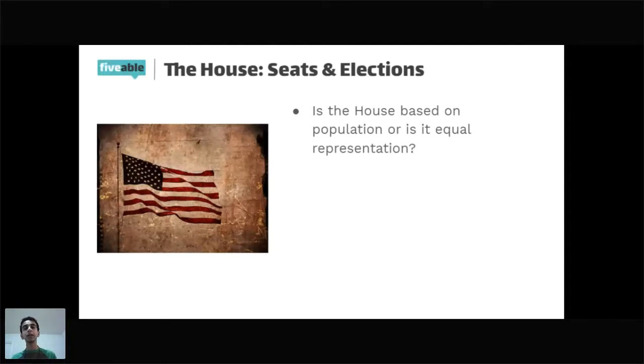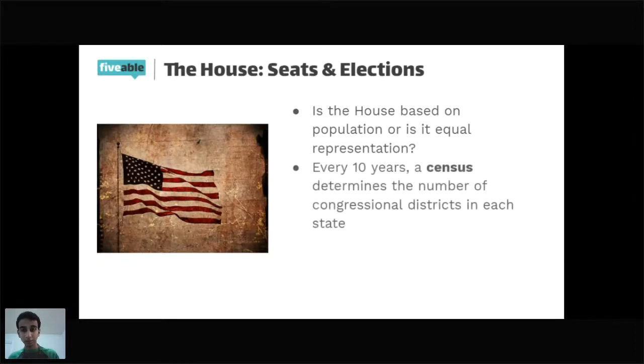If you don't get anything else out of the stream, I definitely want you to get that the House is based on population and the Senate is based on equal representation, because that is the main difference between the two chambers, and that's really what makes up all of the rest of the differences. If you can get that logically, you can really understand every other difference that there is.